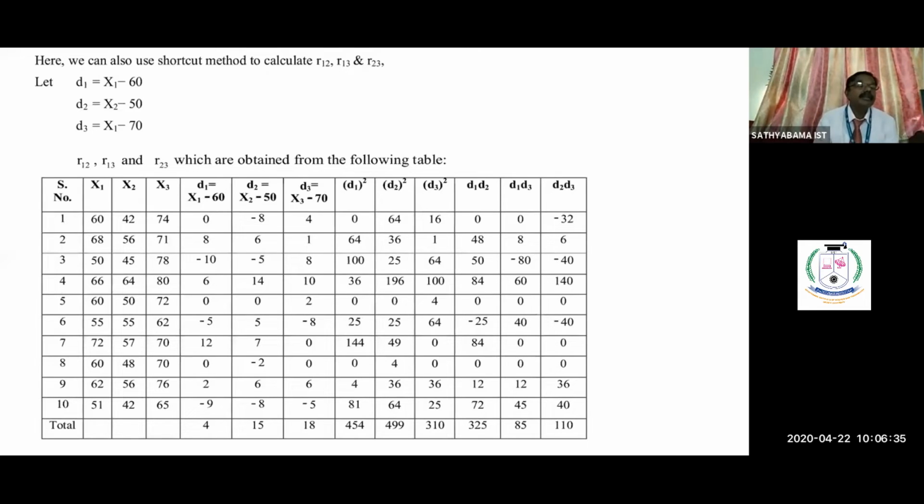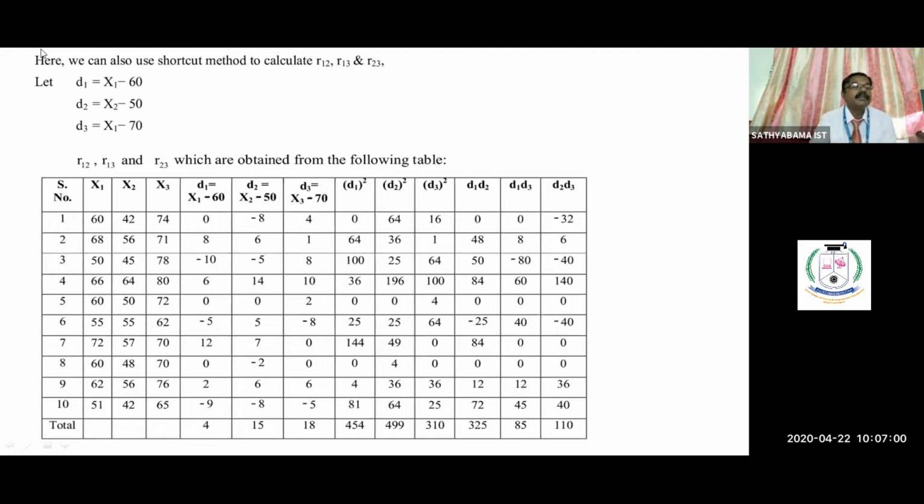We are making a subtraction. Any value, x1 minus 60, is of your choice. See the data 60, 68, 50. I have chosen 60 because 60 is here and 60 is here. If I take the value which is repeated more than 2 times, the calculation will be simple. So that is what I have taken here.